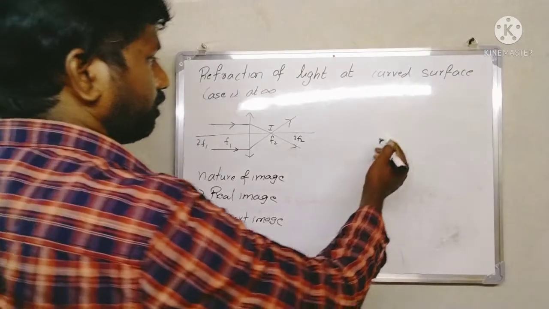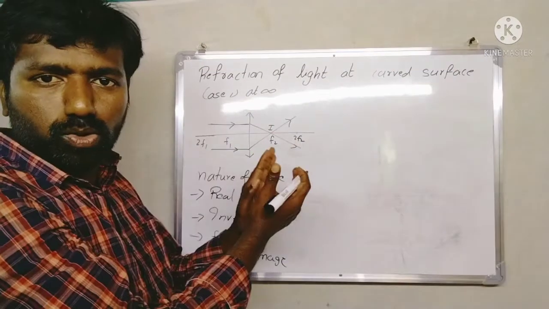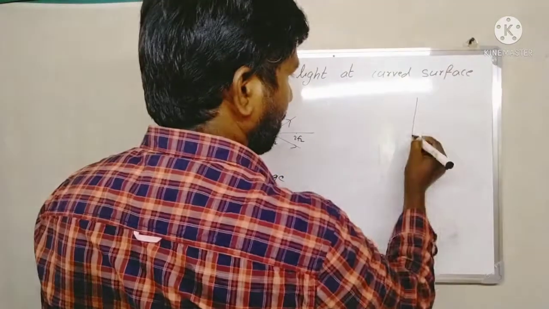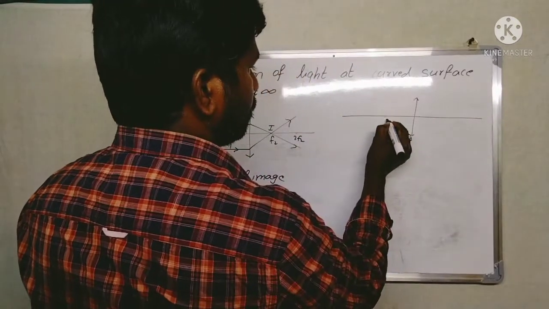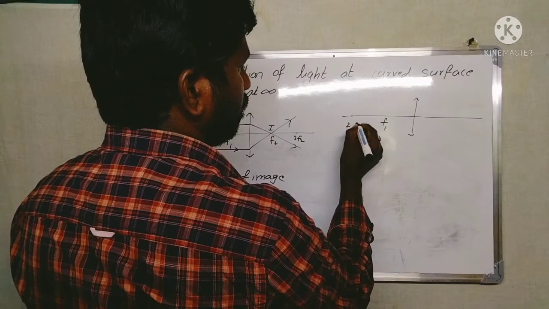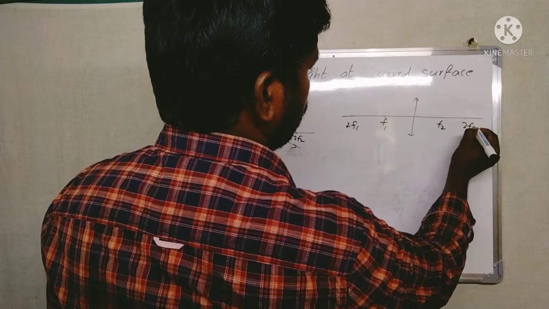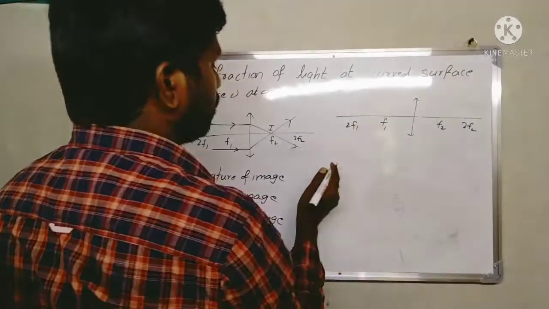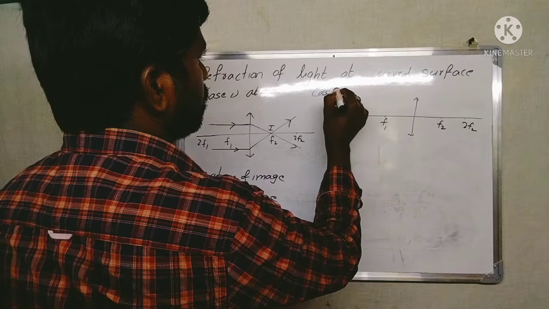And next, I told you the object is moving towards the lens, from F1 to 2F1. Now the position of the object is beyond 2F, case 2.